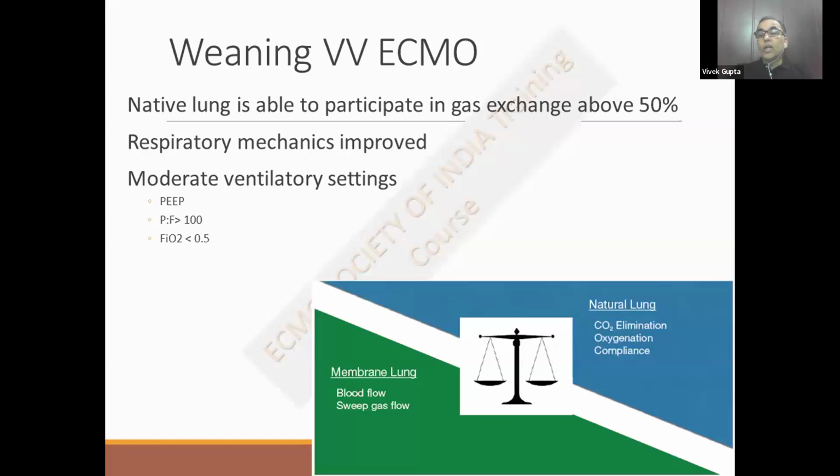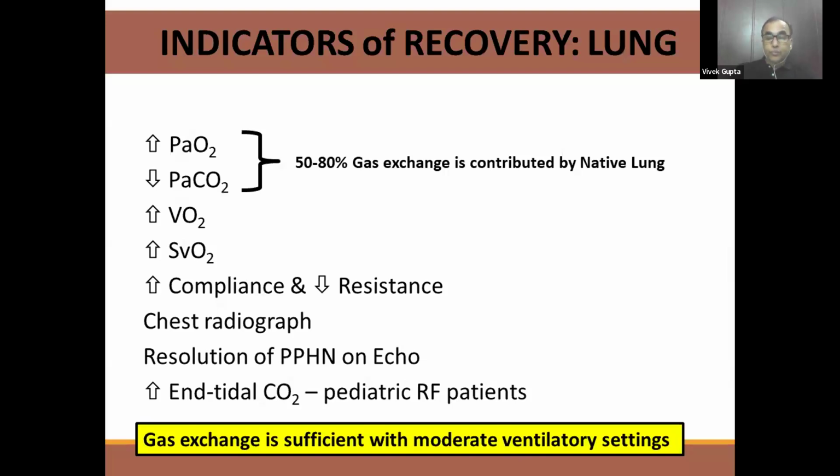The natural lung removes carbon dioxide and does oxygenation with adequate compliance. In the membrane lung, oxygenation is maintained by the blood flow, while the CO2 washout, or ventilation part of the natural lung, is taken care of by the sweep gas flow. We should always keep this in mind when we are weaning our patient from ECMO.